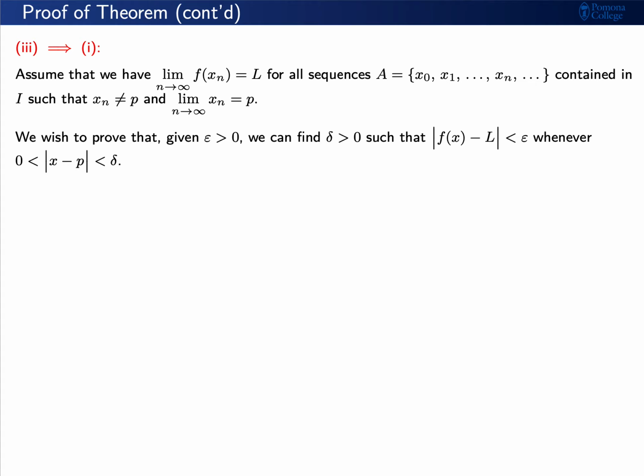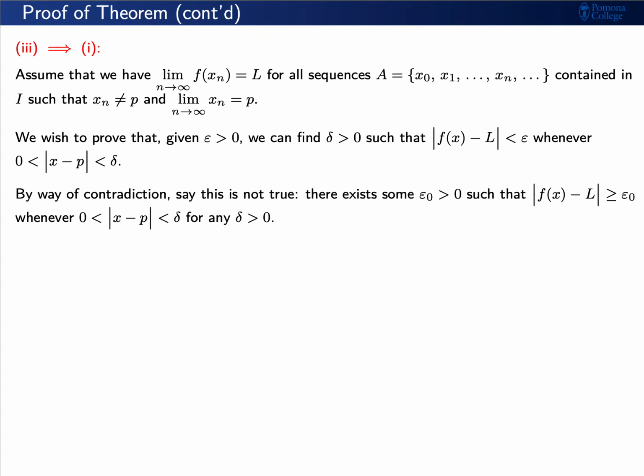We need to prove that given a positive epsilon, we can find a positive delta such that |f of x minus L| is less than epsilon whenever |x minus p| is between 0 and delta. Let's assume by way of contradiction that this is not true. That is, we can find some epsilon sub 0 such that |f of x minus L| is greater than or equal to epsilon 0 whenever |x minus p| is between 0 and delta. And this should be true for any delta.